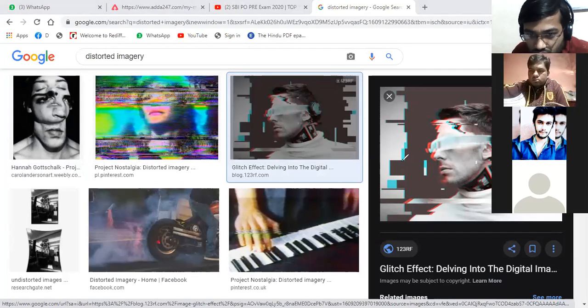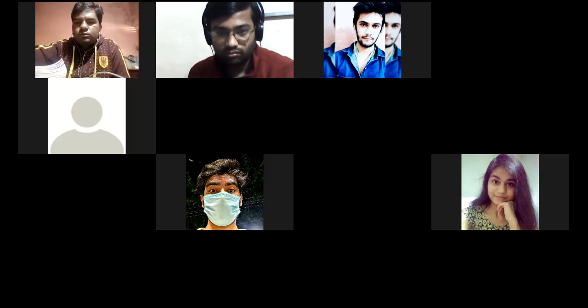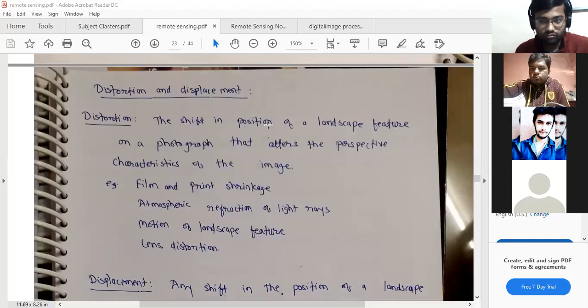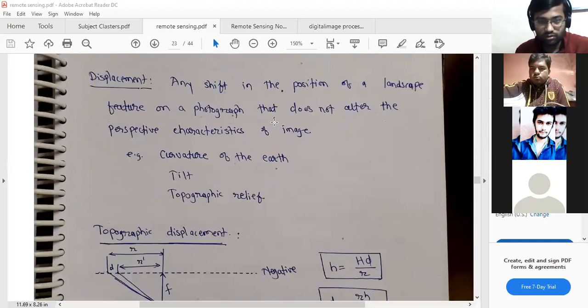You can see all these are pixels. Not exactly like this, because all pixels are distorted here. Here you have a perfect pixel. Here you can study pixels from this imagery. Clear? So these are your distorted images.